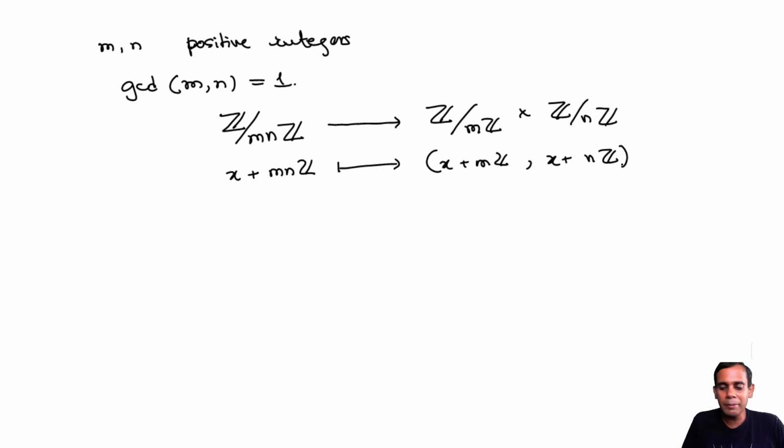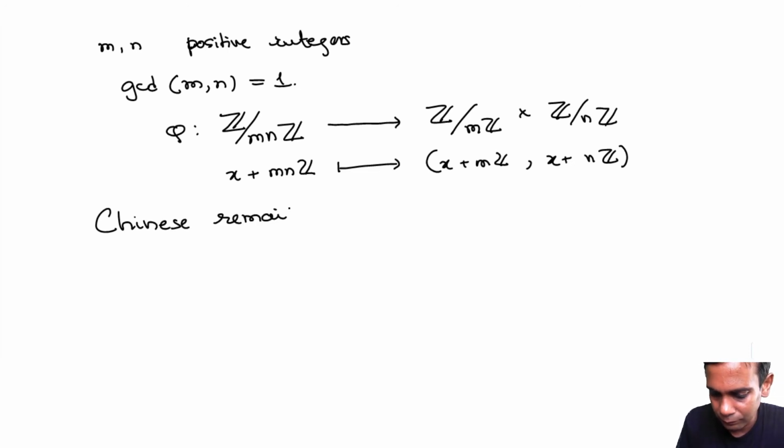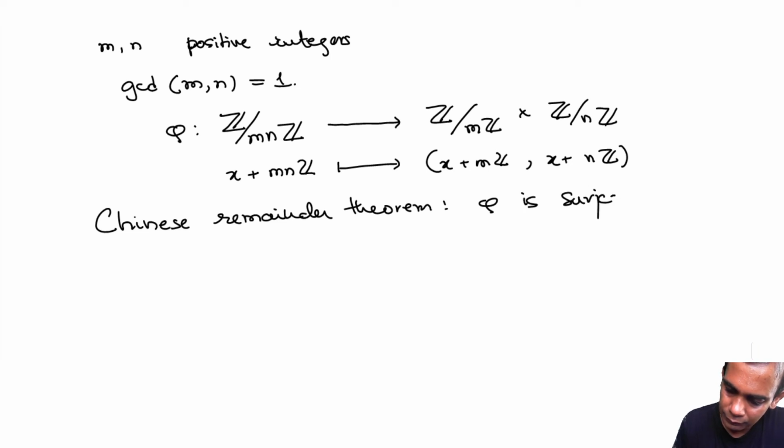And the Chinese remainder theorem says phi is surjective. This is an onto map.